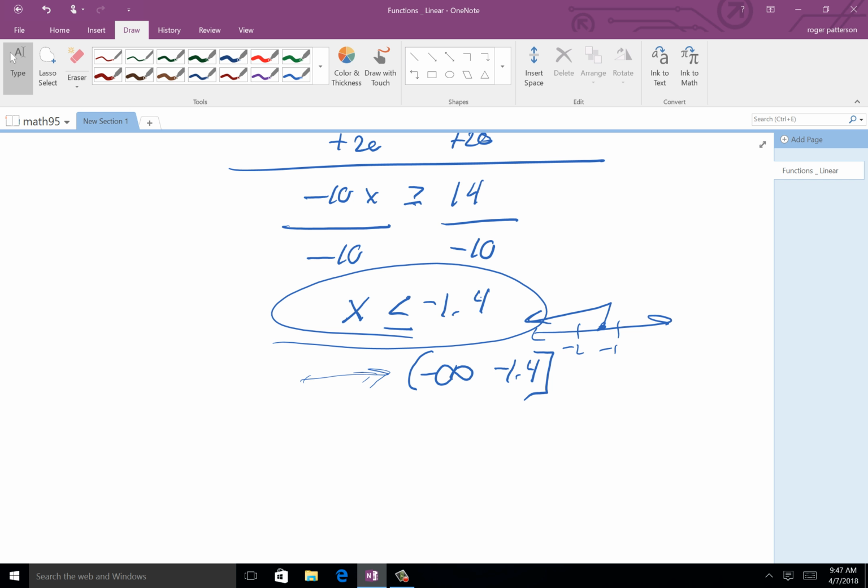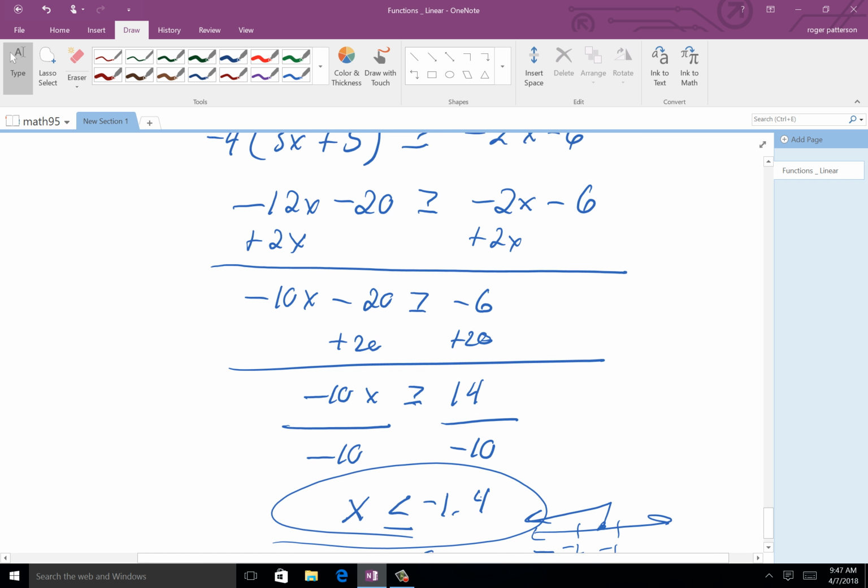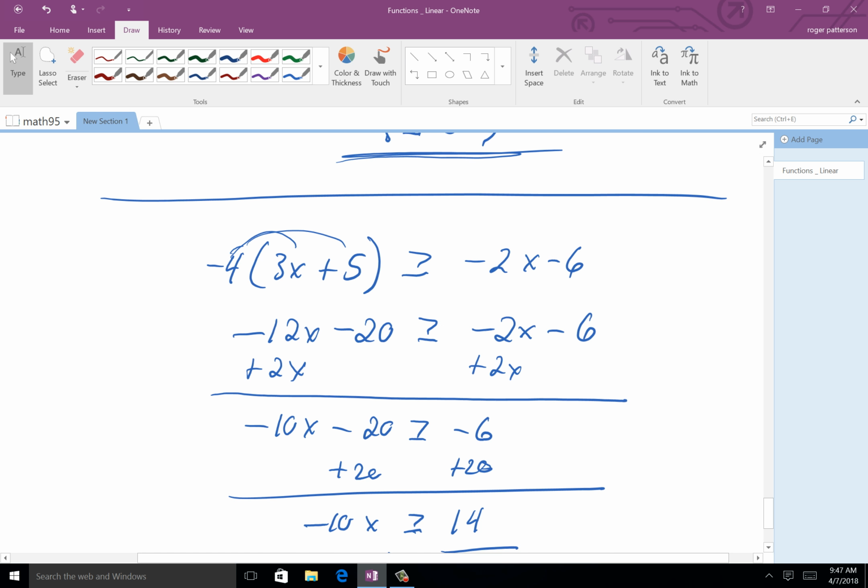I'm going to put that in there. y equals negative 2x minus 6. Put that right there. Okay, so there's the point at which they meet, right? That negative 1.4 is important. Now I'm going to have to come up here and write this. So we have negative 4, 3x plus 5.